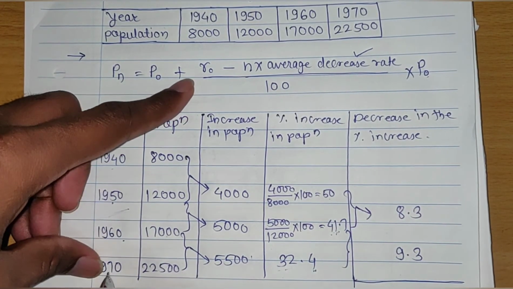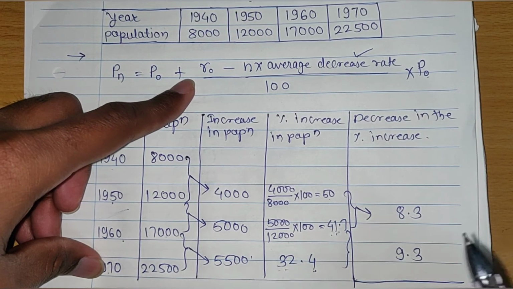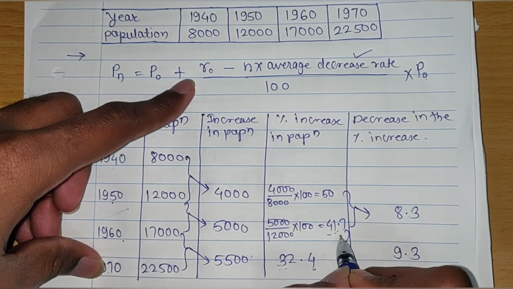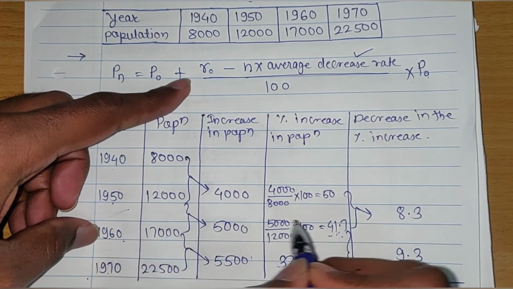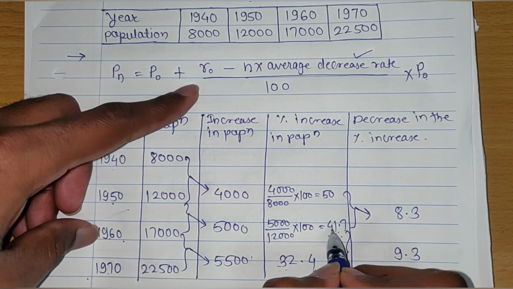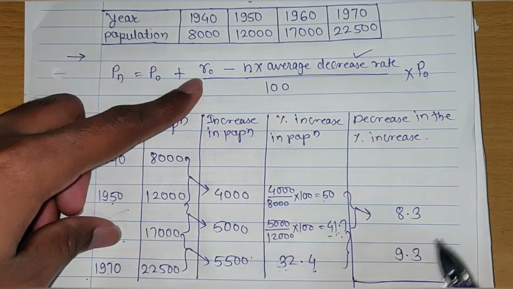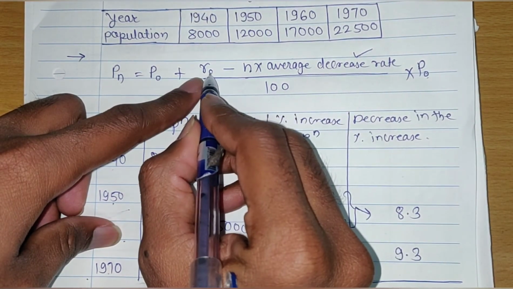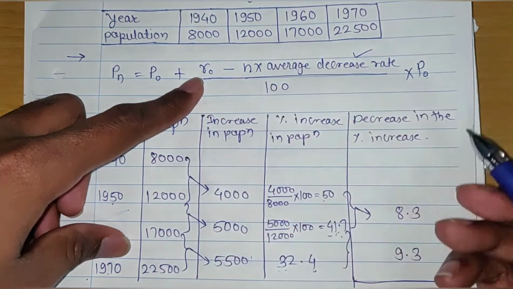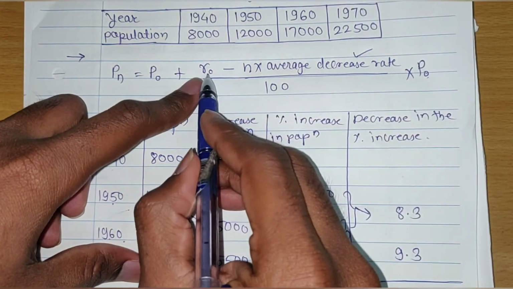For 1970, the previous percentage increase in population is 41.7. For 1960, the previous percentage increase in population is 50,000. Okay, so I think you are clear with this R naught value.